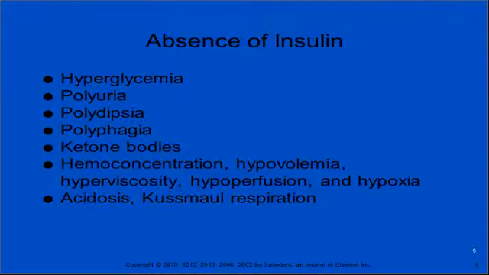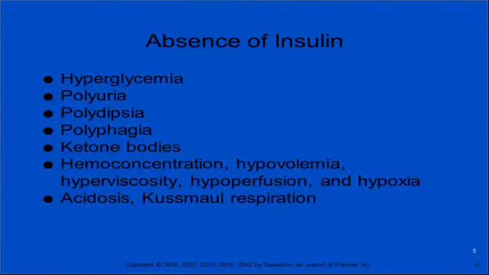Acidosis is present because of the absence of insulin. You have increased hydrogen ions and increased carbon dioxide levels in the blood. It causes a metabolic acidosis. And then the Kussmaul respirations we talked about a little bit this past semester. Because the patient is trying to blow off that carbon dioxide and acid, they'll get these really weird respirations.